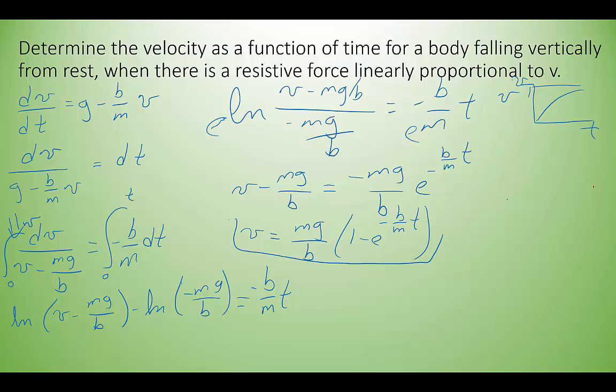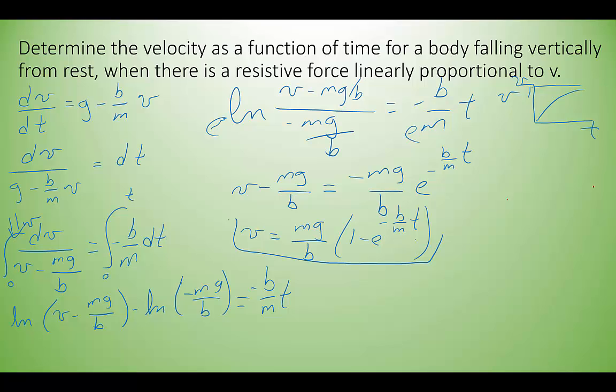Now we could go ahead and check this to show that at t equals 0, the acceleration is dv/dt, and the acceleration ends up to be gravity. I'm going to assume that you can do that, however, so I'm not going to spend time doing it. But let's take a look at what happens at large t. At large t, the e to the negative b over m t approaches 0.